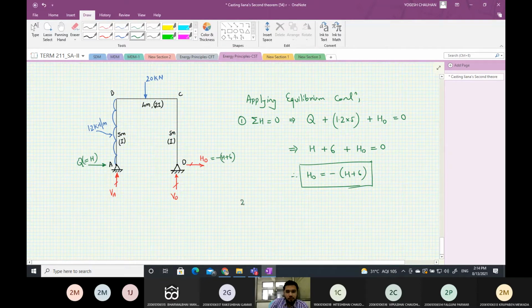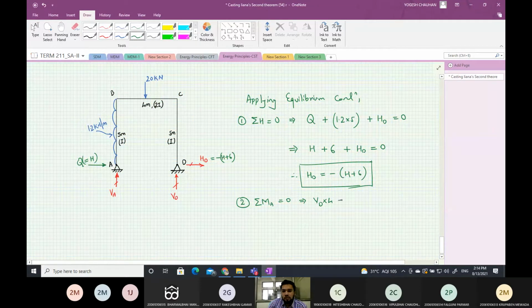Then applying the second equilibrium condition, that is sigma M, taking moment at A equals to 0, implies VD into 4, in anti-clockwise. Now HD into 0, because the line of action of this force coincides with point A, so there will not be any moment.